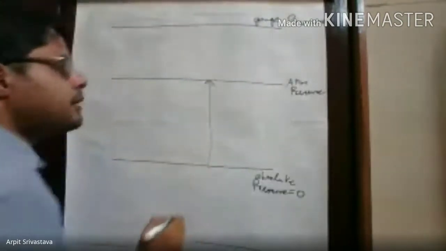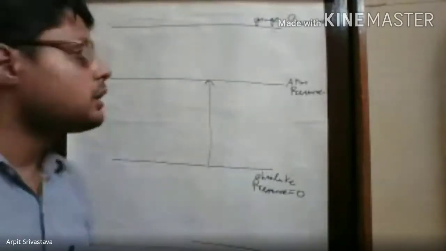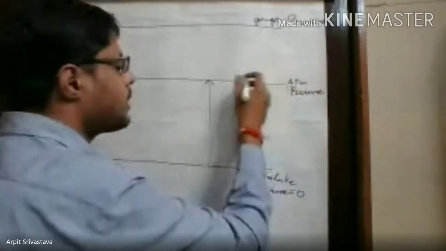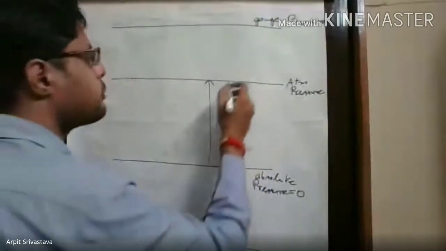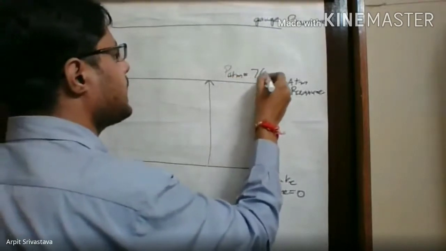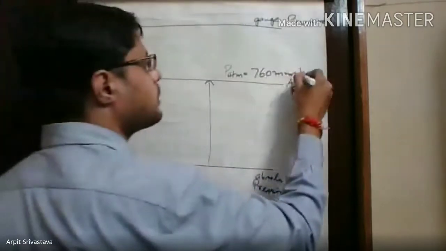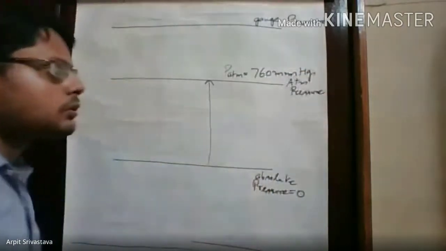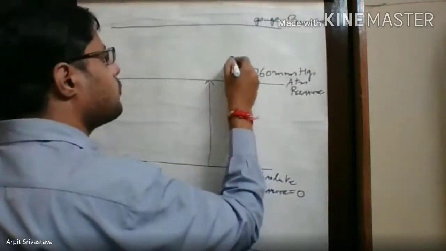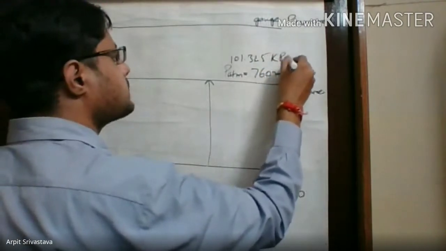value of atmospheric pressure is shown, suppose we know in normal condition atmospheric pressure value is 760 mm of mercury, or we can say 101.325 kilopascal.